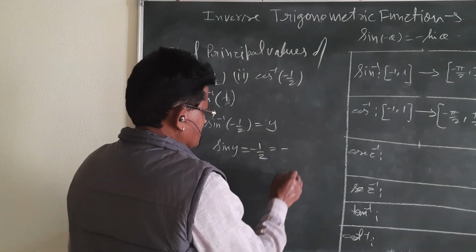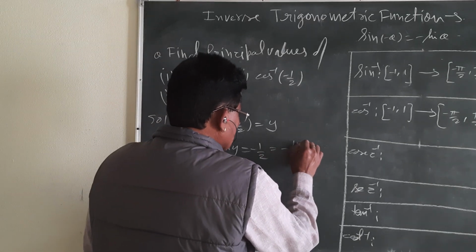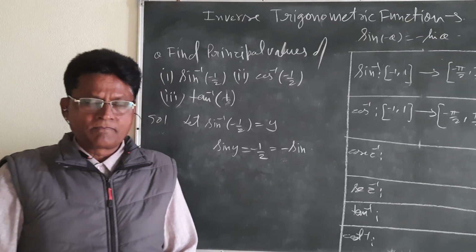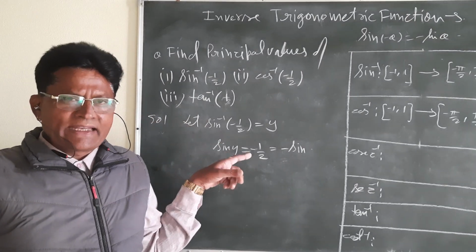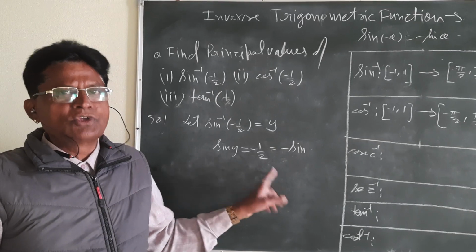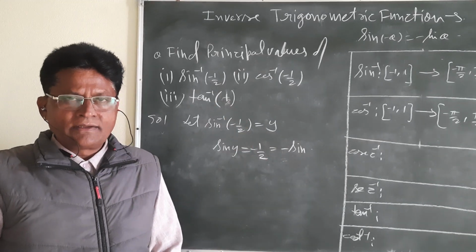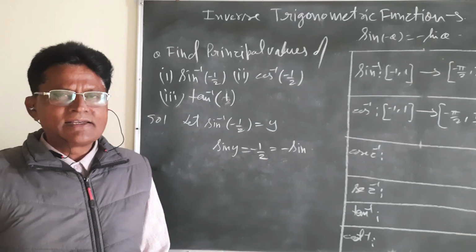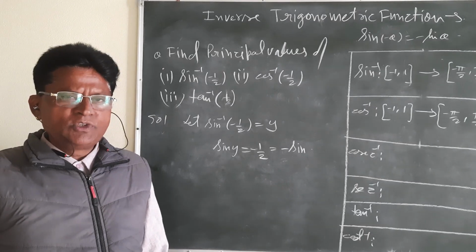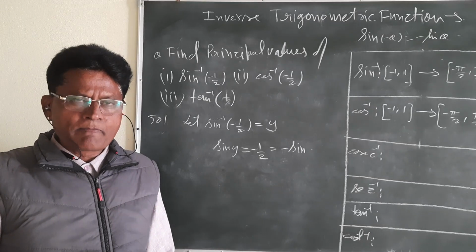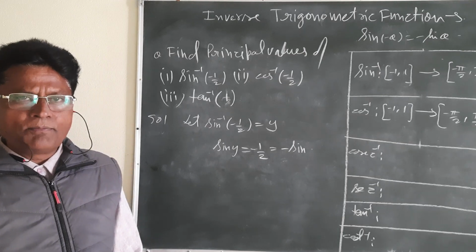It will be minus. Okay, you must see the value for different angles. In case of sine, whose value is 1 by 2, that is, sine 30 degree is 1 by 2. Okay? 30 degree, in the radian form, you change it into the pi form.